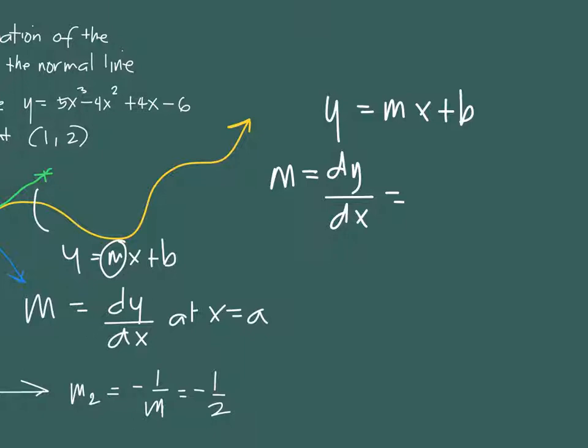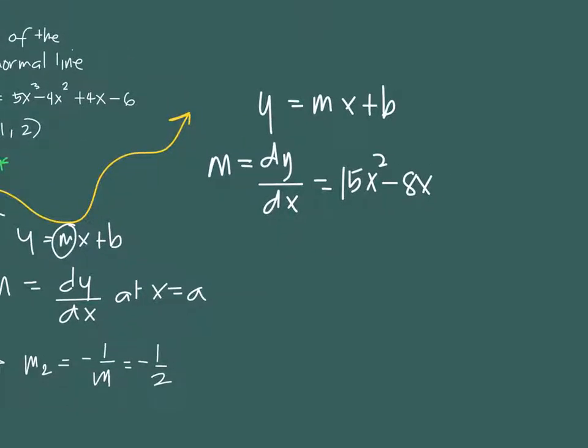The derivative is equal to, what is the derivative? 15x squared minus 8x plus 4. This is your slope formula. Whatever x is given, if you want the slope, you plug in the x on that expression. Now the point is specific. It says it should be at point 1, 2.